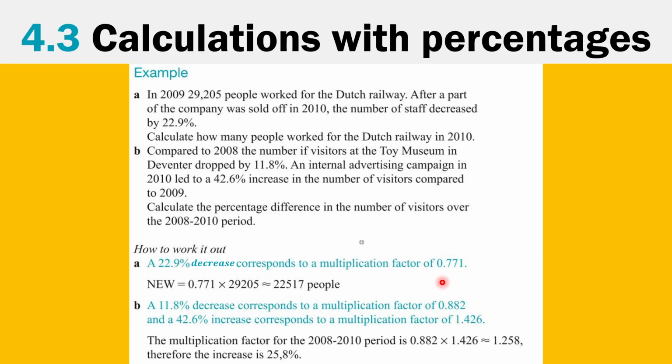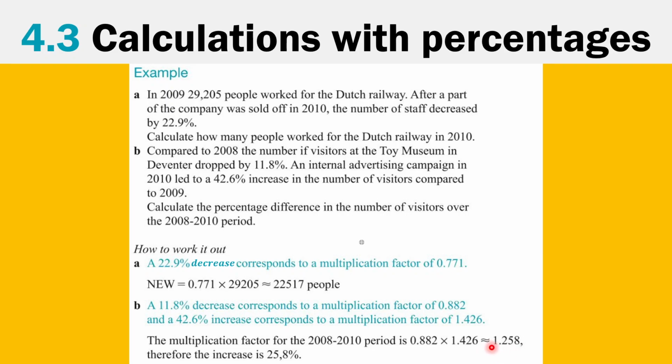If I now simply multiply the two multiplication factors, I get the average increase or decrease in that time period. And here that's around 1.258. Remember, they want a percentage difference. Here do minus 1 and then times 100%.